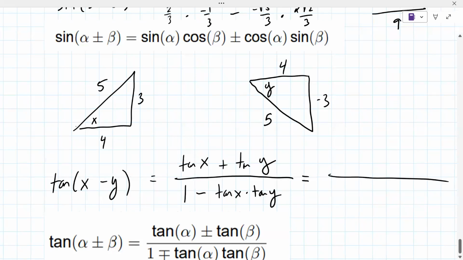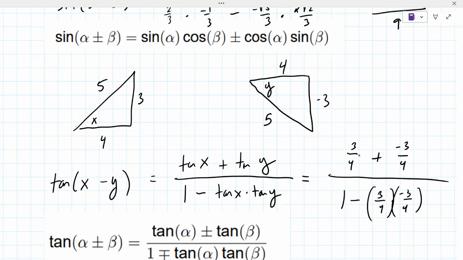3/4 minus 3/5... Remember, tangent is opposite over adjacent. So 3 over, oh wait, no, 4. -3/4. Yeah. Now this one, it doesn't end up mattering what the bottom is because the top is 0.